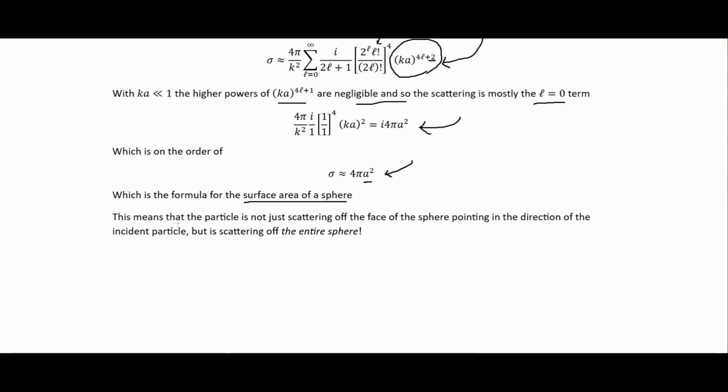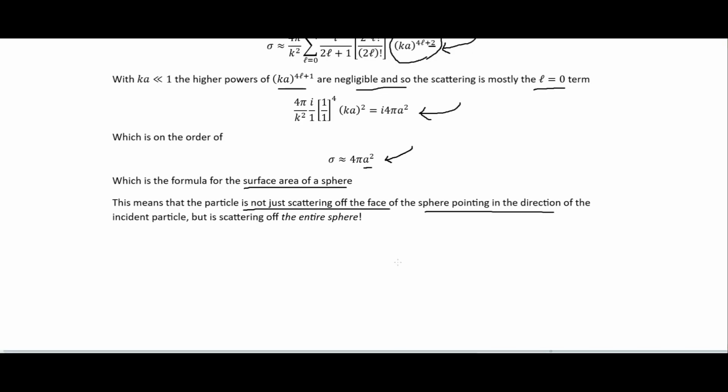And so what's interesting about that is it means that the particle is not just scattering off the face of the sphere pointing in the direction of the incident particle, but is scattering off the entire sphere. So remember, we're thinking of a sphere that looks like this. That's our potential, and so we're shooting particles at it this way.